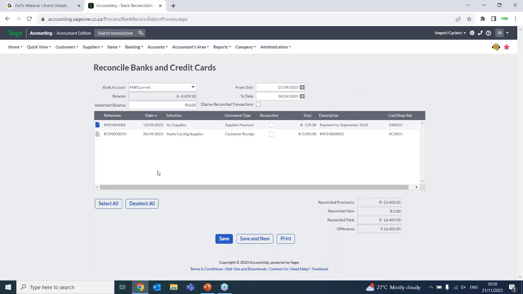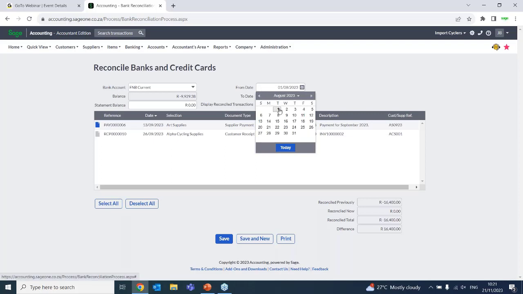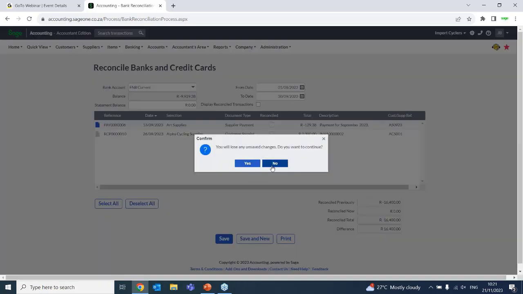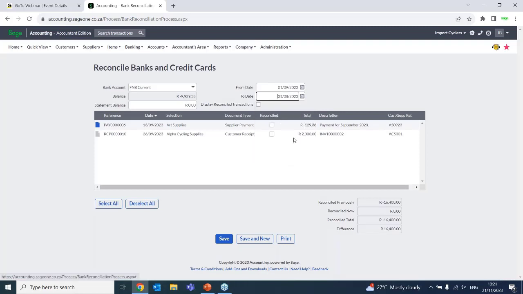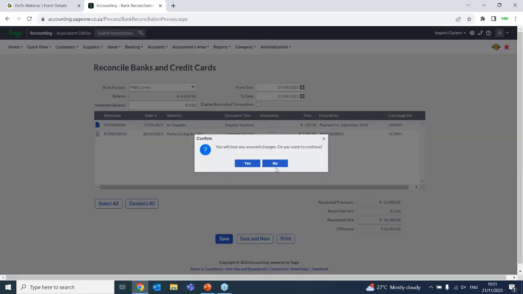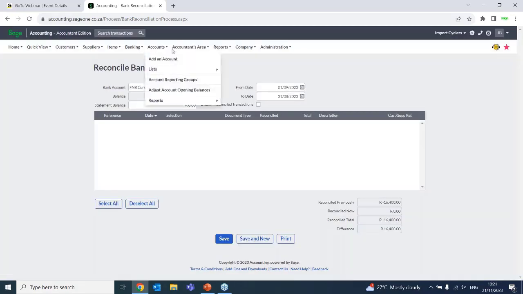If that is still showing you, okay, you have this much of a difference, then again, we're going to keep going backwards until you get to a date that is in balance. That's what you're looking for. So let's say that actually August is what was in balance.